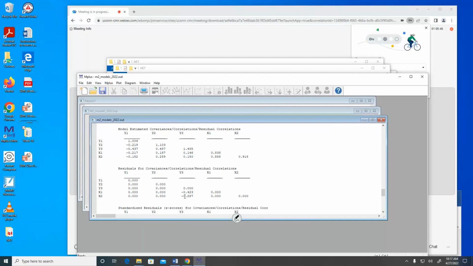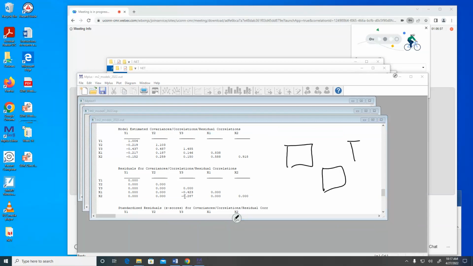With nested models, we are really testing whether we can constrain particular parameters to be 0. So when we have two nested models, let's make it something simple: A, B, C. That's a just identified model too, but here's my first model.